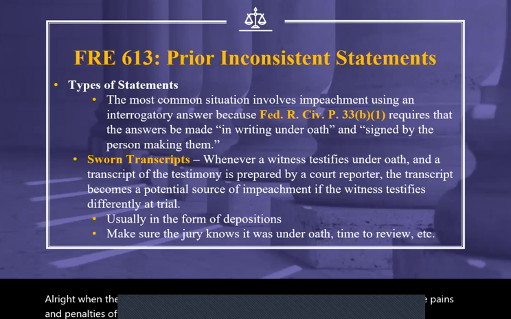So this is usually where we have great impeachment material, because then we're talking about being under oath. Depositions are usually under oath as well. Beyond that, if you do an affidavit, it depends, right? If it's an affidavit for a search warrant, it's signed under the pains and penalties of perjury.